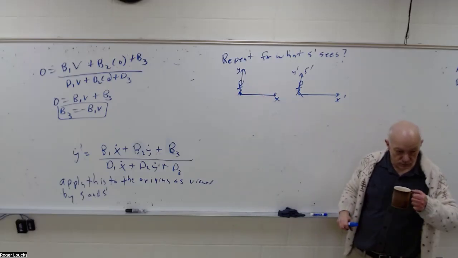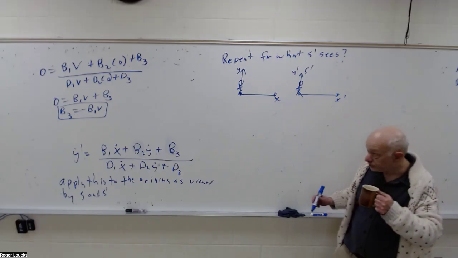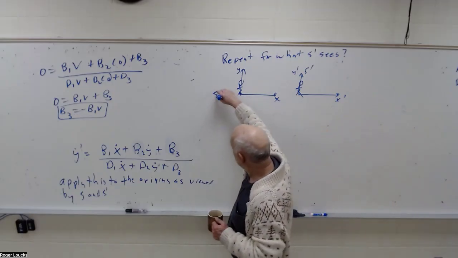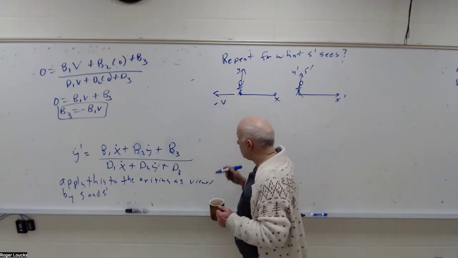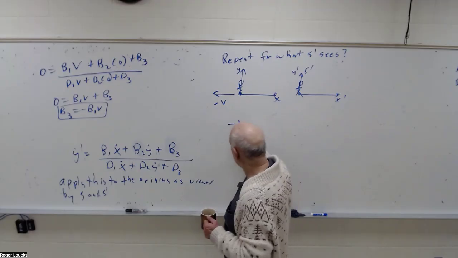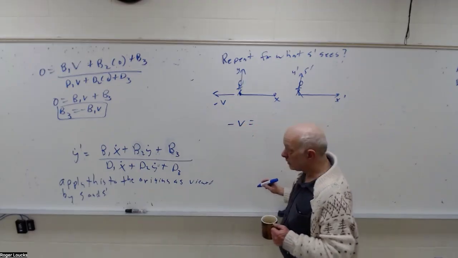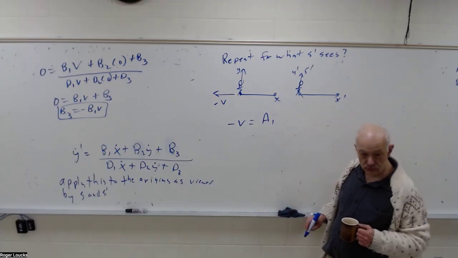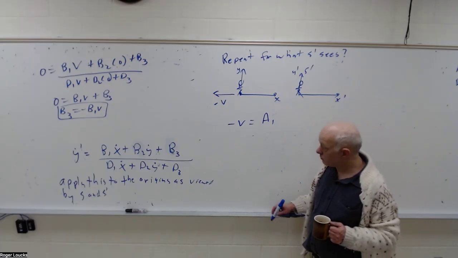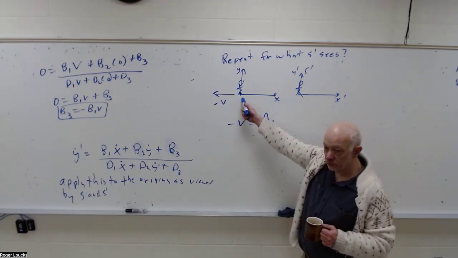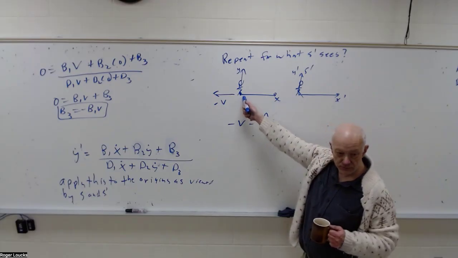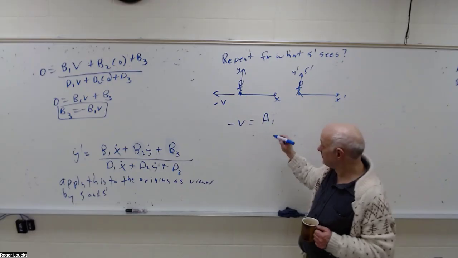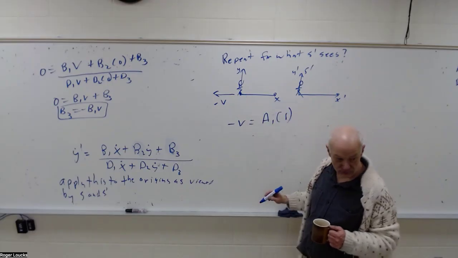What do you see? The origin moving away at minus V. This is minus V. So for the next equation, minus V equals what? A1. Now what is your x dot? Look here. Minus V? No, no, 0, 0, 0. That makes sense?